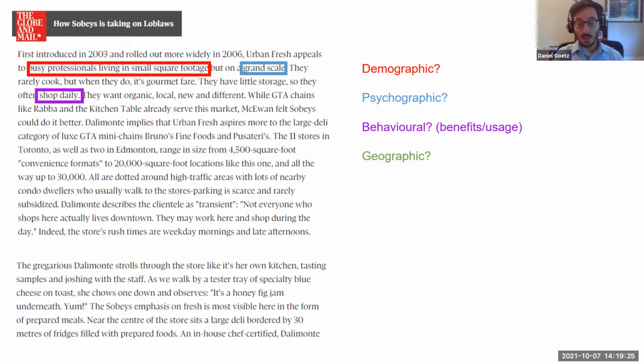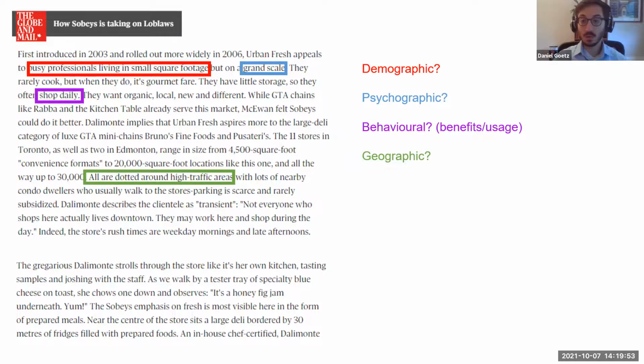And that's behavioral, that's usage. How frequently are you going to shop? You're often buying small prepackaged things. And then lastly, of course, the geographic: all of them are dotted around high traffic areas. So places where there's a lot of foot traffic, where people are walking and can just pick up small amounts of groceries at a time. Okay.